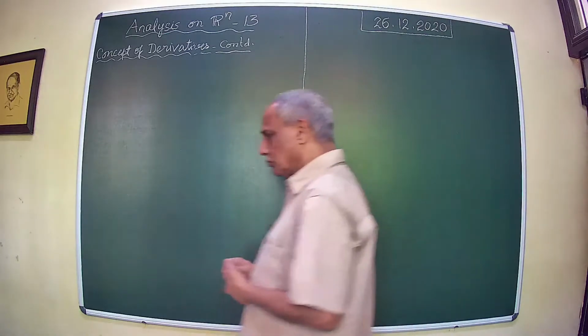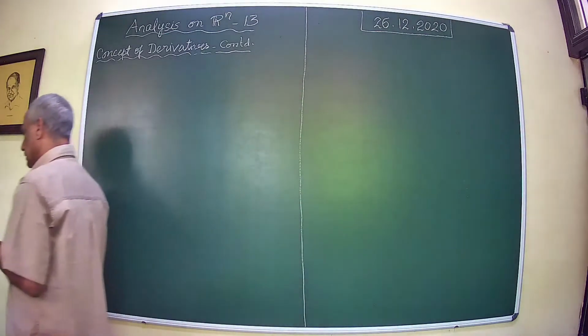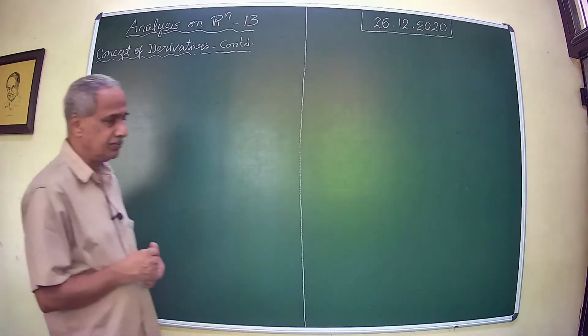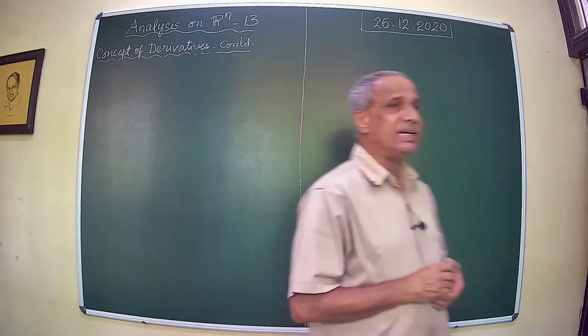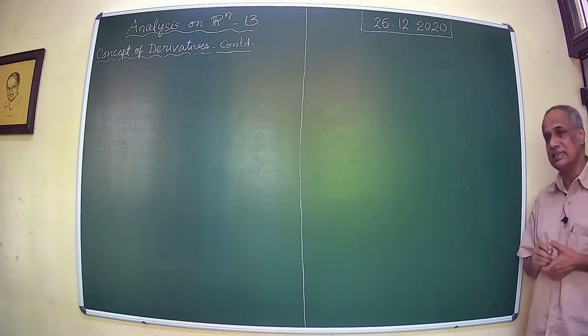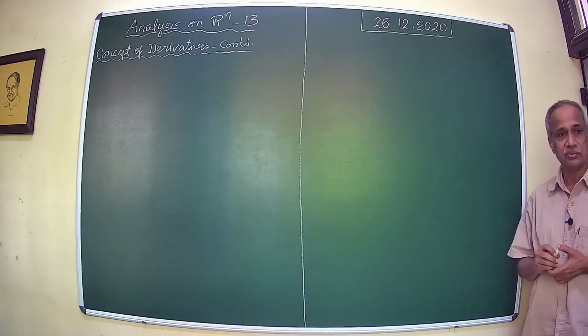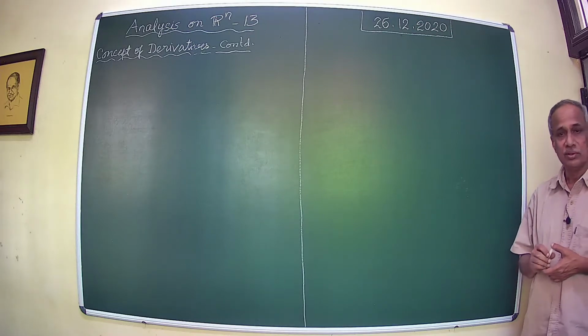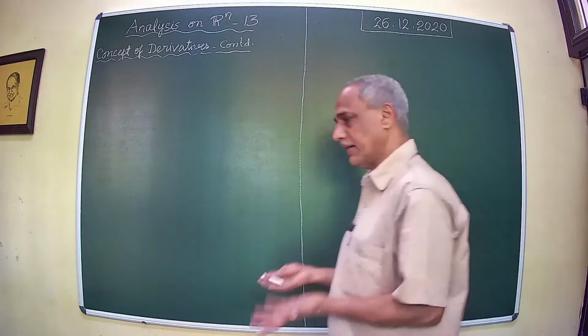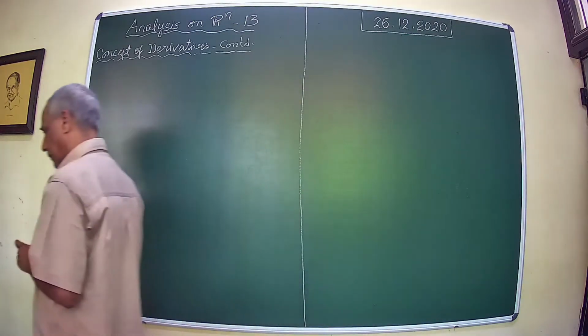The way out was to have a hard look at the concept of derivative. Then we discovered that in the one-dimensional case, it essentially amounted to defining a linear transformation on the one-dimensional space.